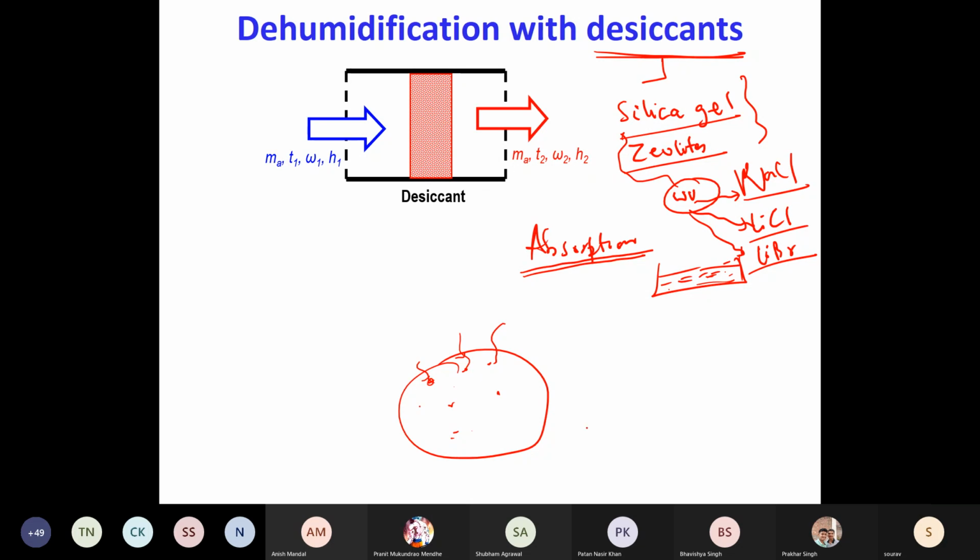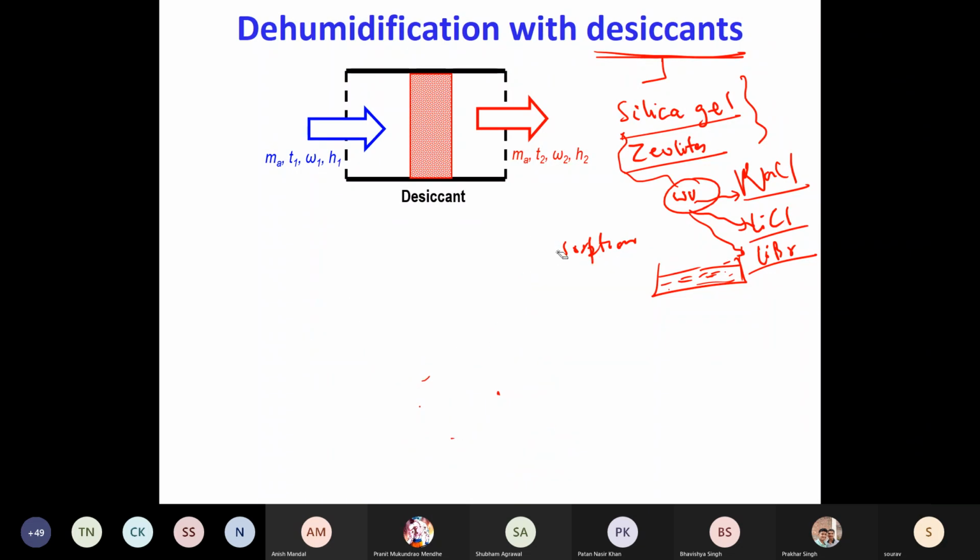Normally 1 kg of silica gel can absorb as much as 400 grams of water vapor, whereas 1 kg of dry air typically will have 10 grams of water vapor. Because water present in air is in vapor phase, whereas water which enters and gets absorbed undergoes a phase change process, you can measure the temperature of silica gel and you will see that it goes high when this process happens.